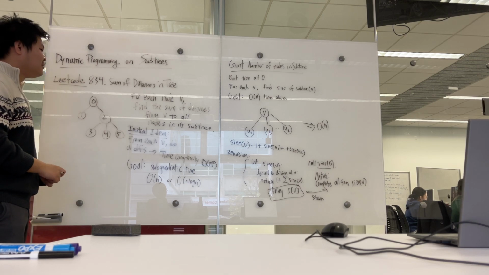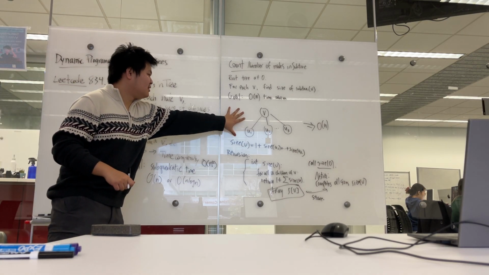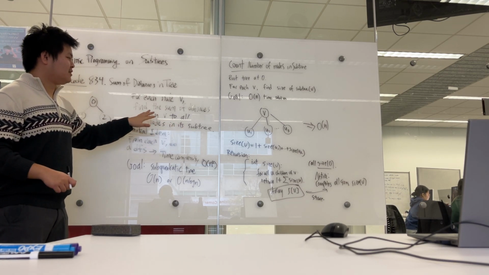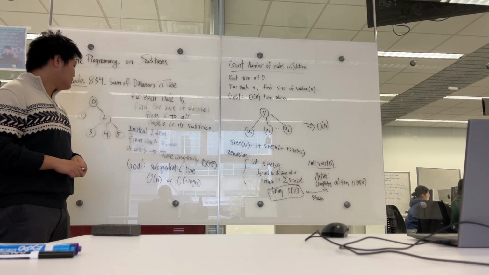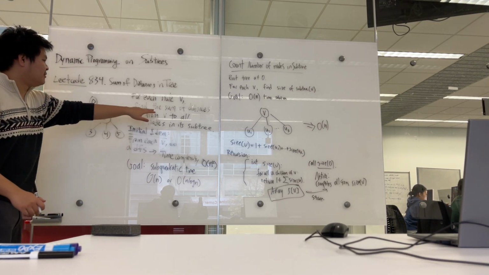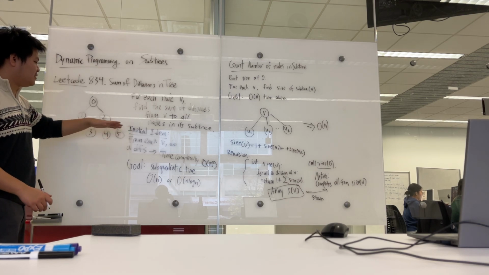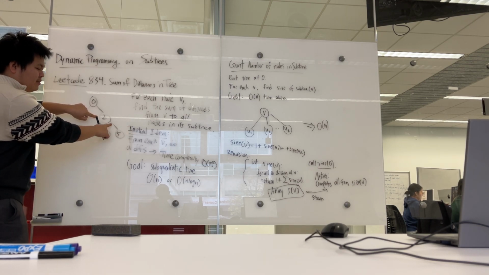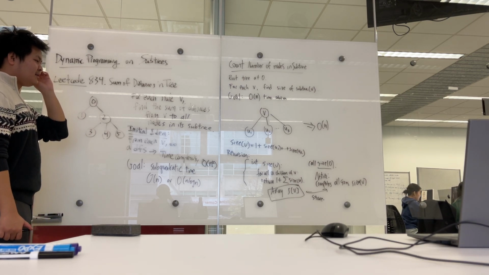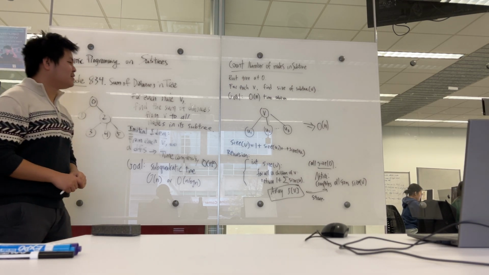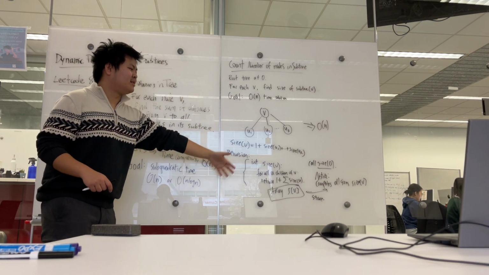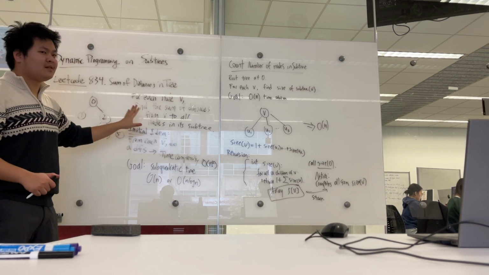Can anyone see how we might use a similar reasoning to do this version of the problem? Here, for example, the sum of the distances from 2 to all the nodes in the subtree would be 1 plus 1 plus 1, which is 3. Right, okay, so how can we use a solution method similar to this to solve this problem?